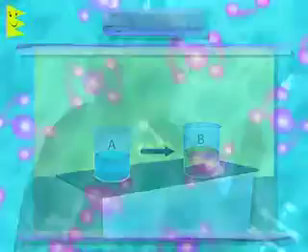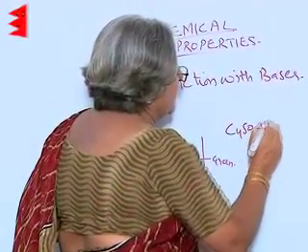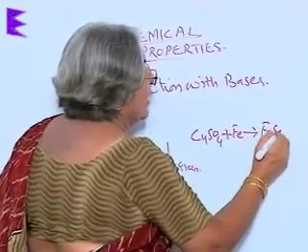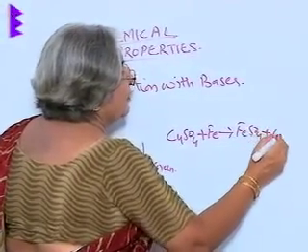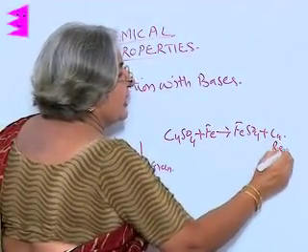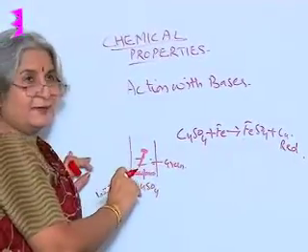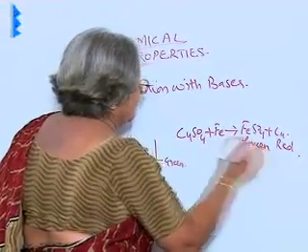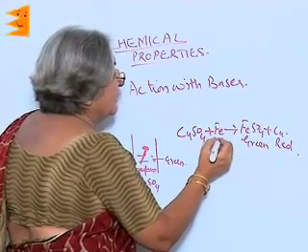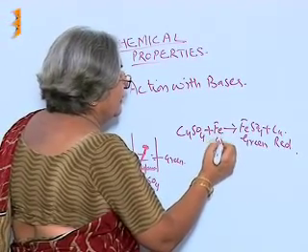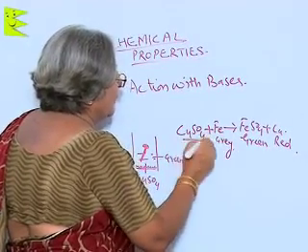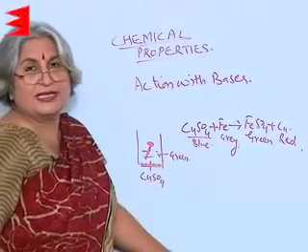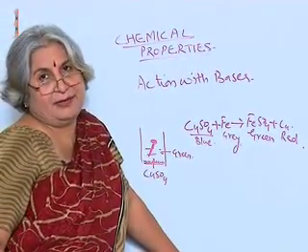What has happened? Copper sulfate plus iron, when they reacted, formed iron sulfate and copper. Copper is red, so it deposited at the base. Iron sulfate is green, while iron was grey and copper sulfate is blue. So this change in color has taken place.